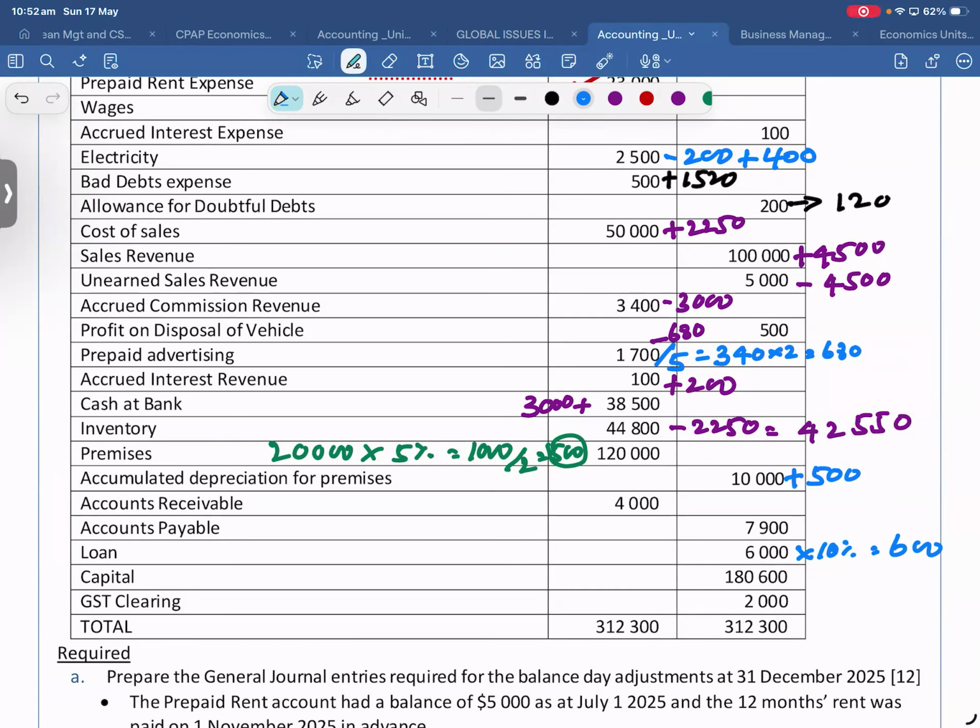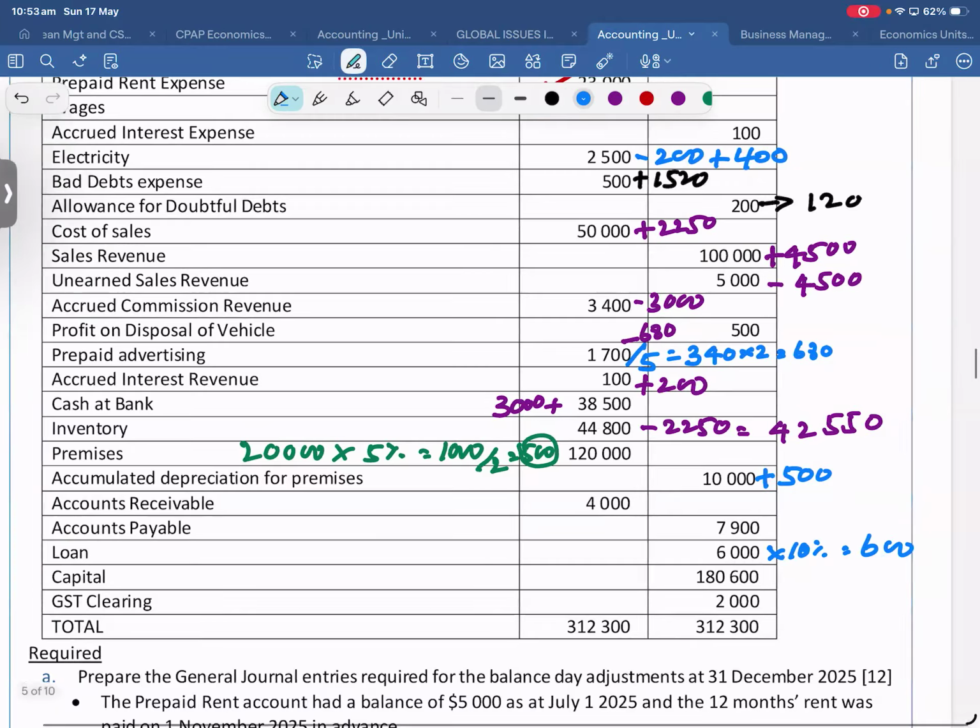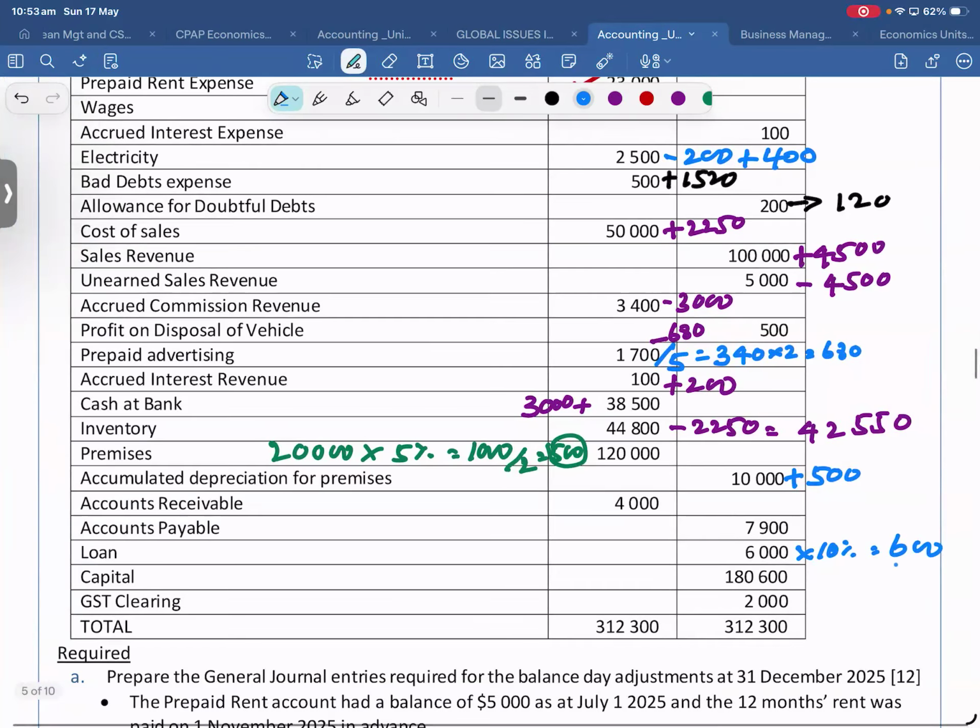Why? So, see, not 600 though. What is it? 600 divided by 12 times by 6. Otherwise, you divide by 2, which is 300. So, what do we do with the 300, guys? Yep, 300 will be accrued interest expense. Debit, credit? Debit. Why? Expense.